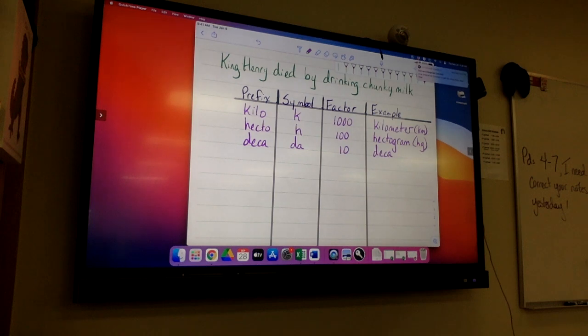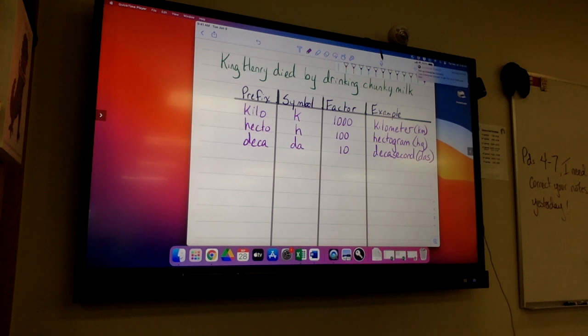Decasecond? So what's the abbreviation going to be? D-A-S. So how much is a decasecond? Like decade is 10, decasecond is 10 seconds.